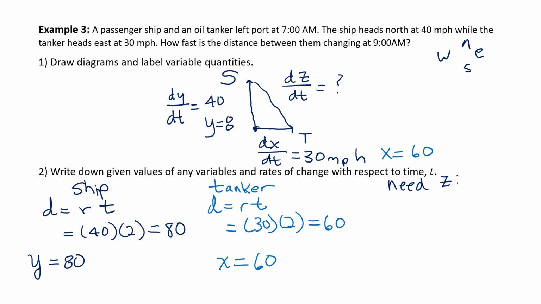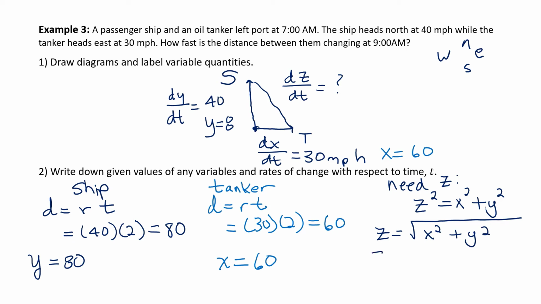So let's use the Pythagorean theorem. z squared is equal to x squared plus y squared. When we solve for z, that'll be the square root of x squared plus y squared.